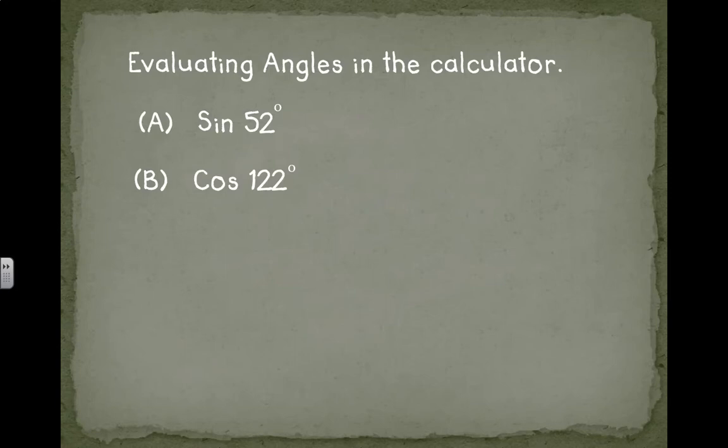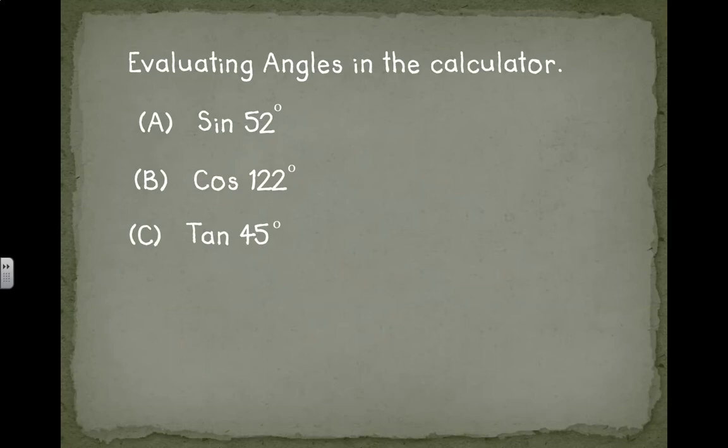Go out about 4 decimal places. That is the ratio that you always get for the sine of 52 degrees. When you have cosine of 122, that will be negative 0.5299.